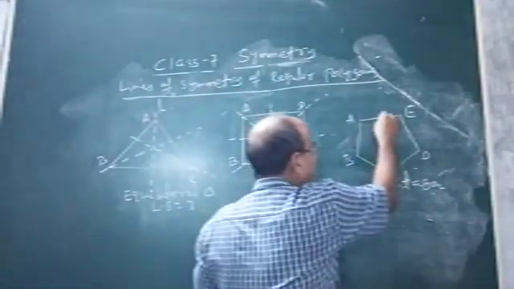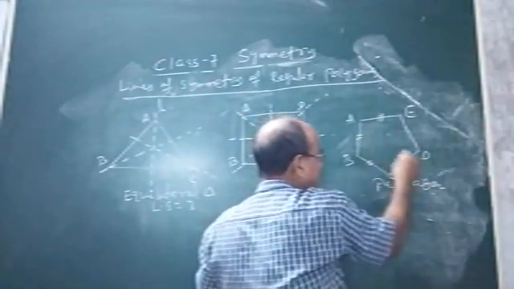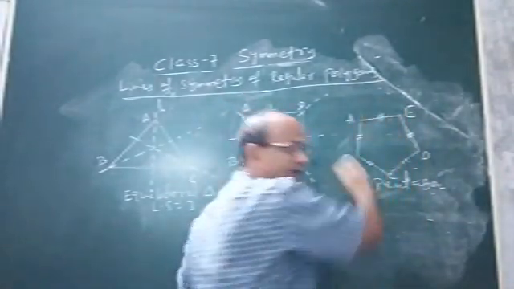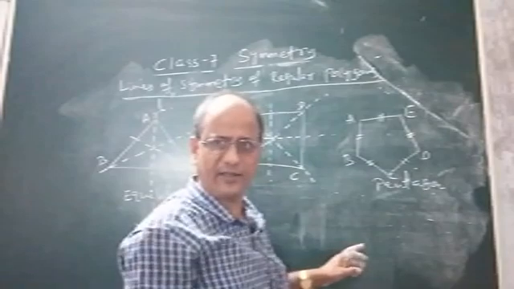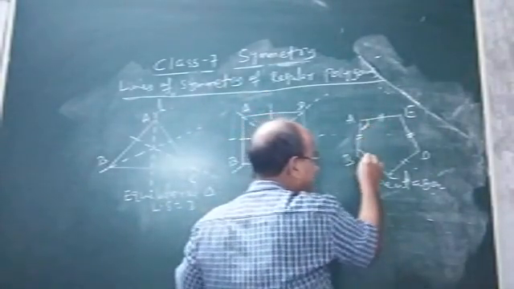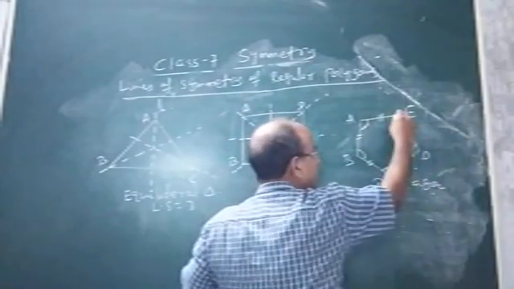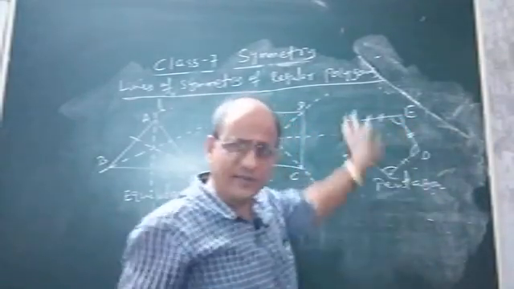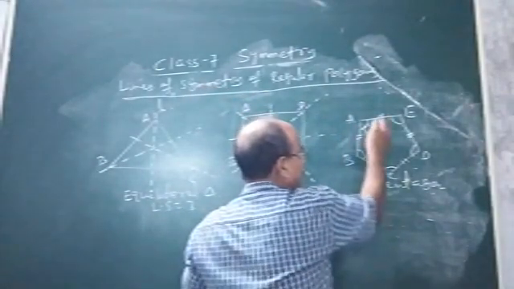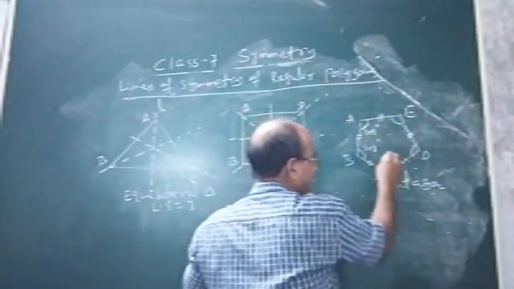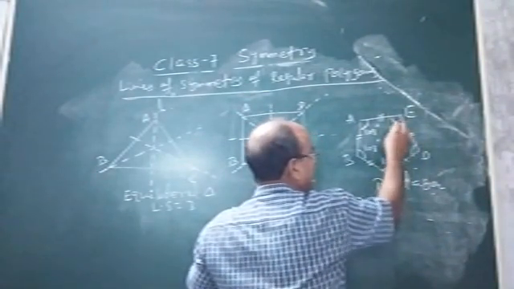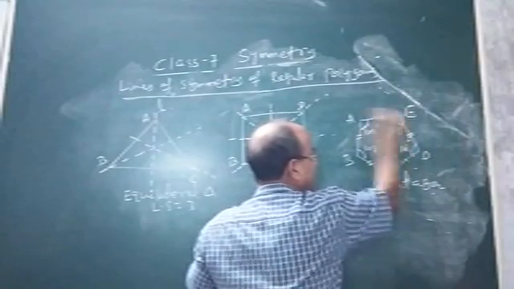Suppose all 5 sides are equal. The length of each side of the pentagon is the same. Then there are 5 interior angles: angle A, angle B, angle C, angle D and angle E. Suppose each interior angle is also the same, 108 degrees each.